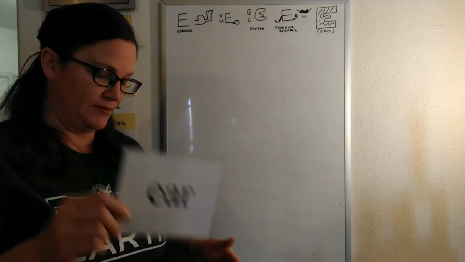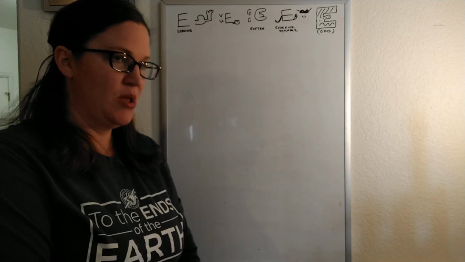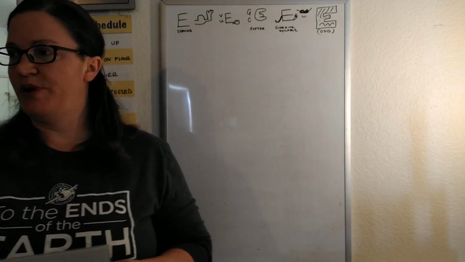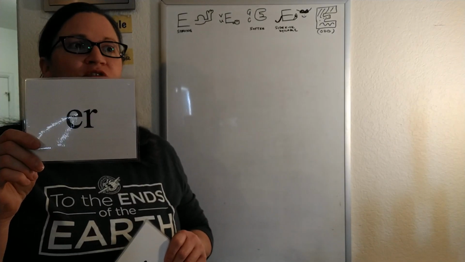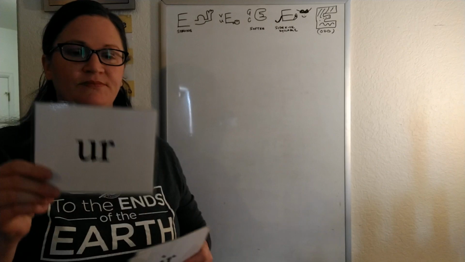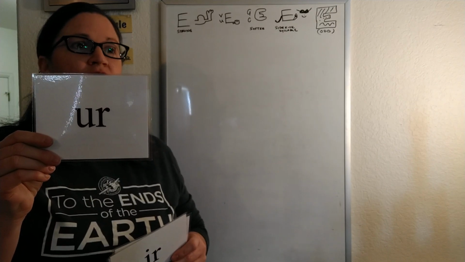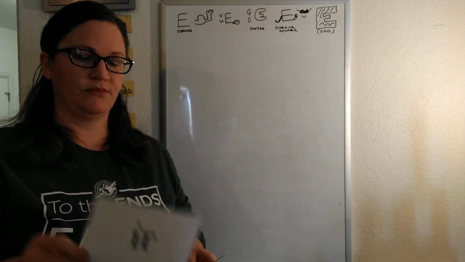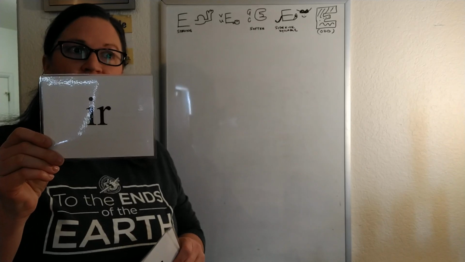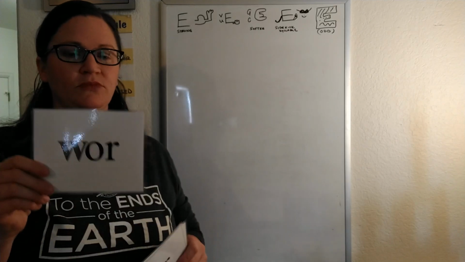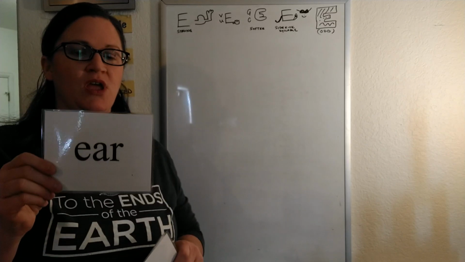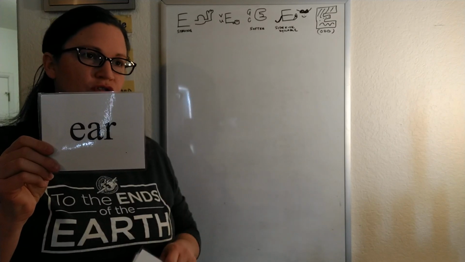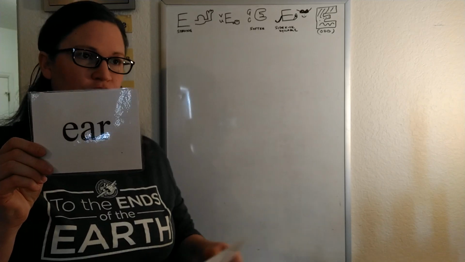Okay, so we'll get more in depth in this when we do the page. But I want you to say these with me. Are you ready? The ER of her. The UR of church. The IR of first. The OR of worship. As in early. Or the EAR of early.